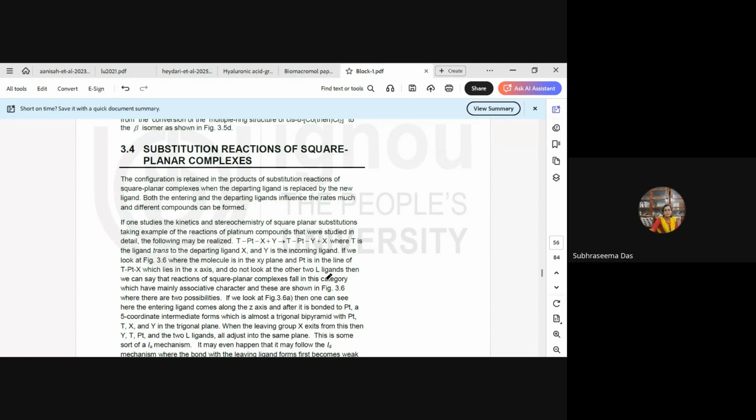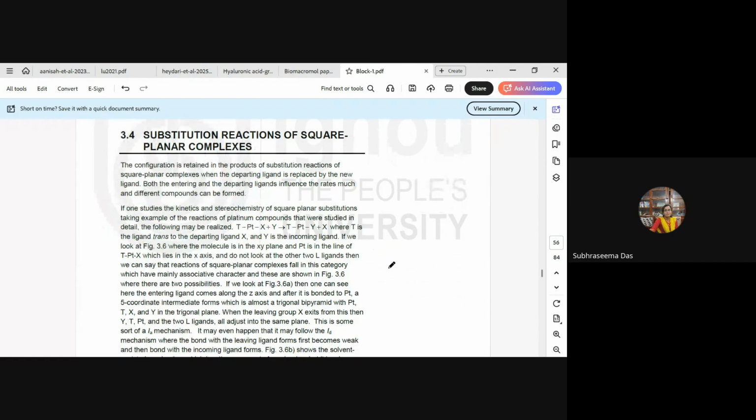Now coming to substitution reactions of square planar complexes. These are certain possibilities we talked of. Now we will see the substitution reactions of the square planar complexes.